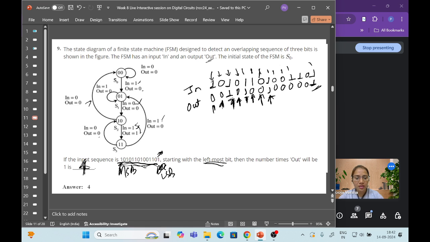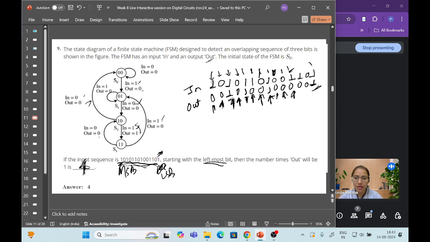Now next again the input is 0, check it here, and the corresponding out is 0. It is moving again to 10. Now next in is 0, and the corresponding out is 0. So it has moved to the initial state 00. Now again next in is 1, and the corresponding out noted down is 0.